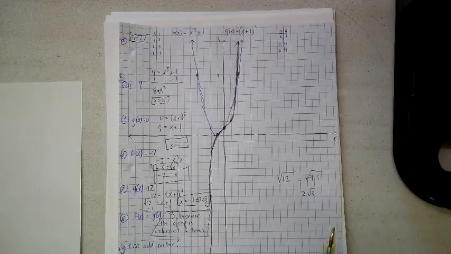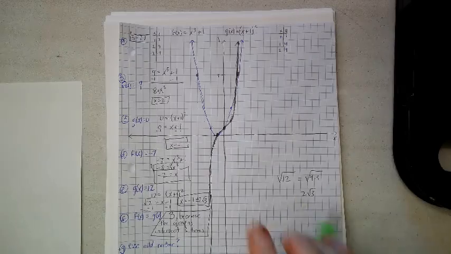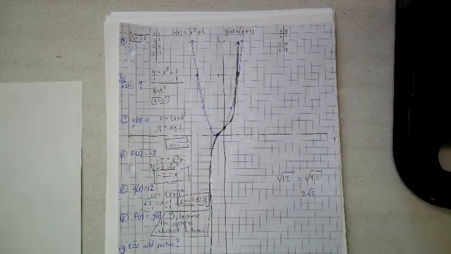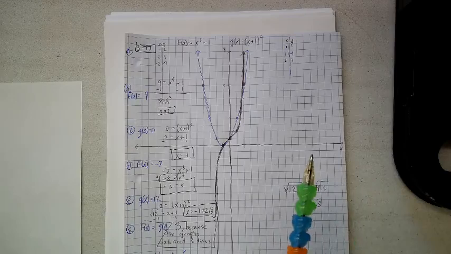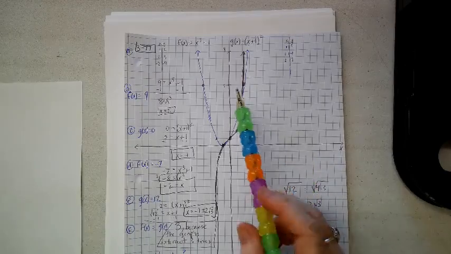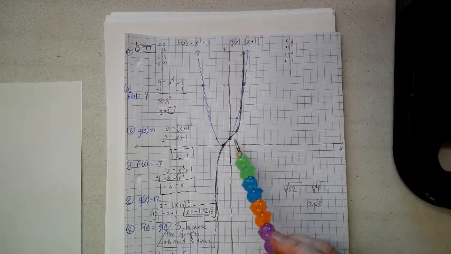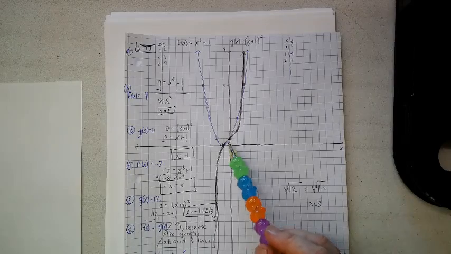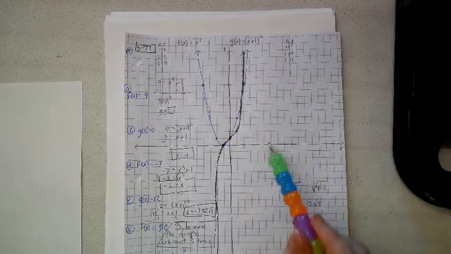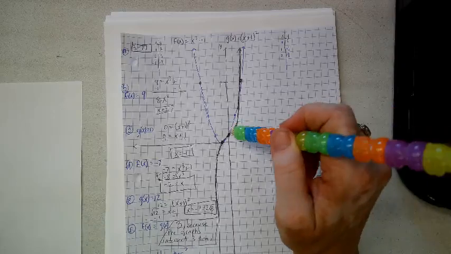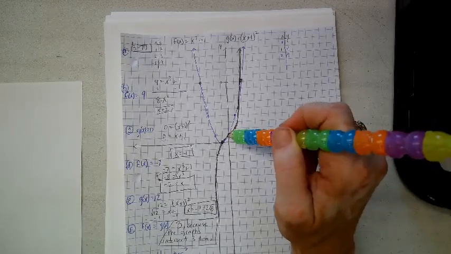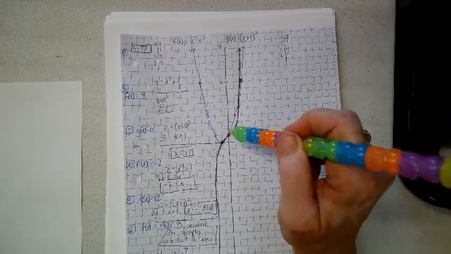It could be odd if it had rotational symmetry about the origin, but it does not, unfortunately, have rotational symmetry about the origin because it got moved up by 1. So it does have rotational symmetry about this point right here, but that's not the origin. So we're going to say that's neither.